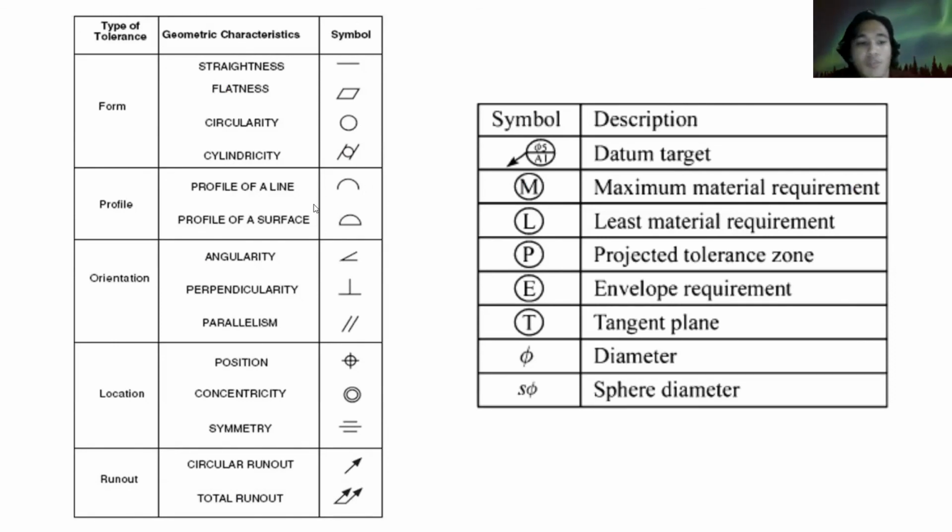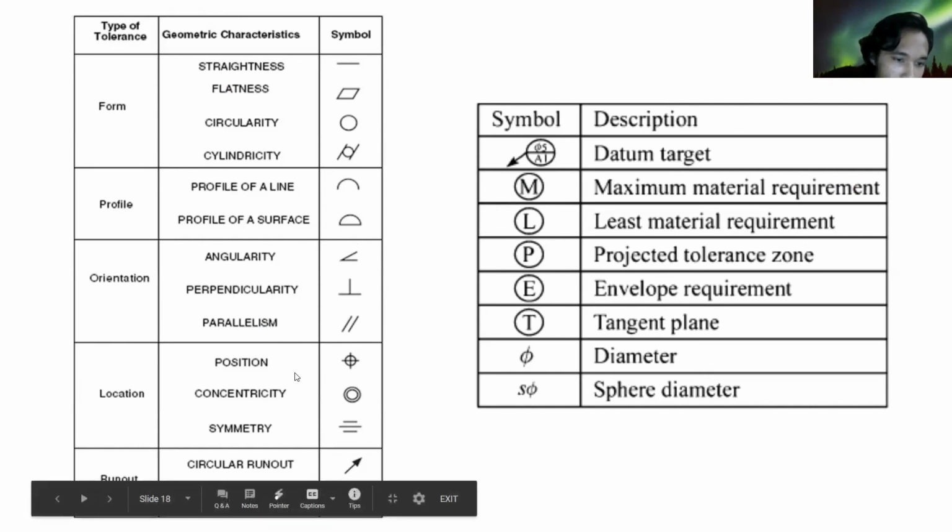For orientation, there are angularity, perpendicularity, and parallelism. The symbols for location are position, concentricity, and symmetry. And for runout, there is circular runout, and the arrow is the symbol. So this is the symbol and the description.